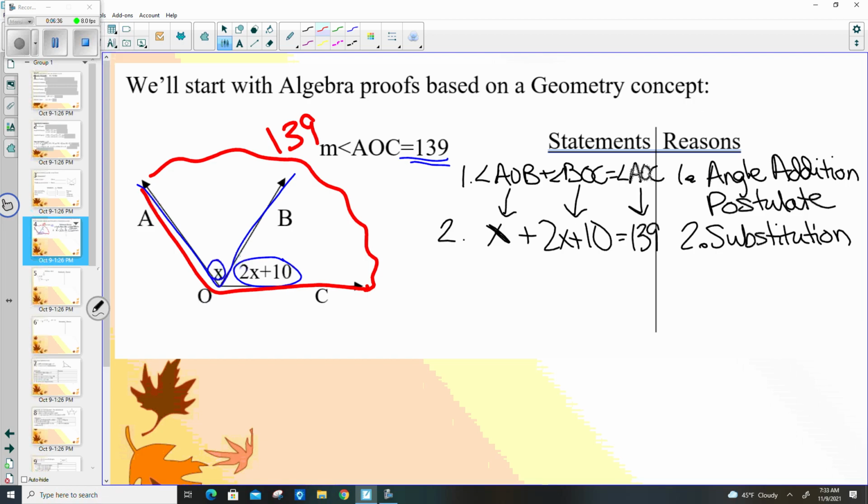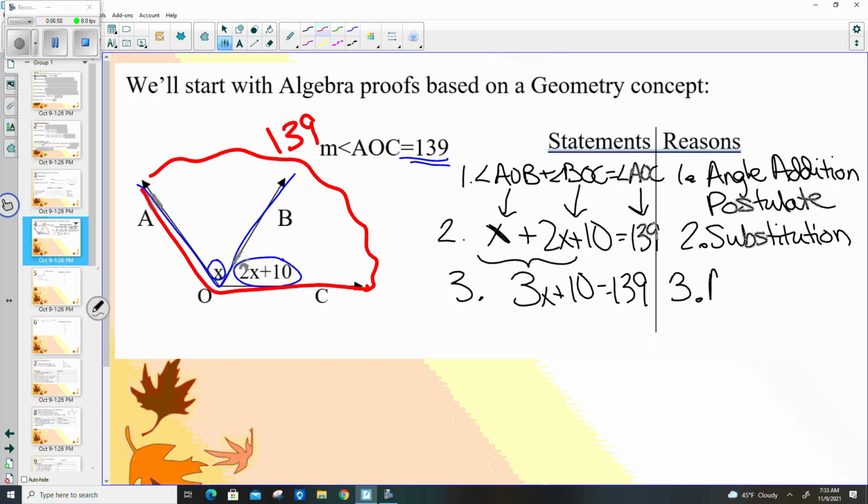Okay, now let's take that next step. What do we do next algebraically? Combine the like terms, absolutely. So we get a 3x plus 10 equals 139, and you just gave me my reason. What did we do to get to that 3x? Combine like terms.